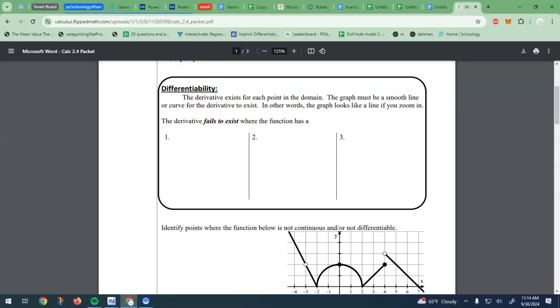There's one other type of discontinuity: vertical asymptote. So the third type is not a vertical asymptote. It's different than a vertical tangent.